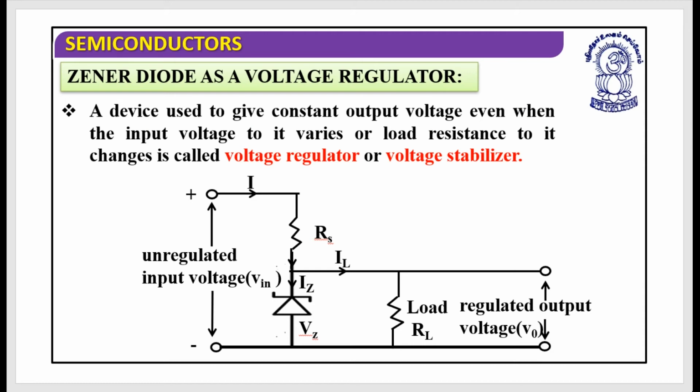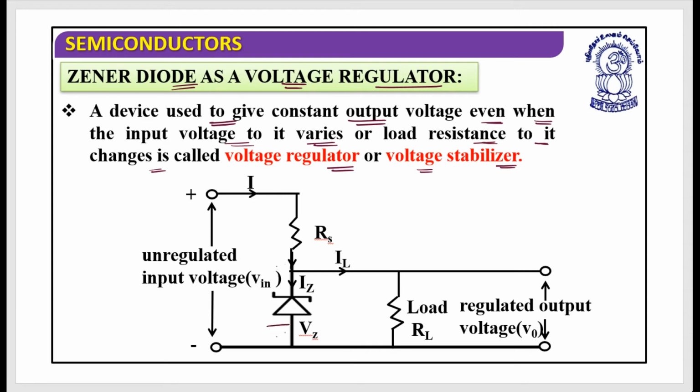Now let's look at the Zener diode as a voltage regulator. A device used to give a constant output voltage even when the input voltage to it varies or the load resistance changes is known as a voltage regulator, or what we can say, a voltage stabilizer.